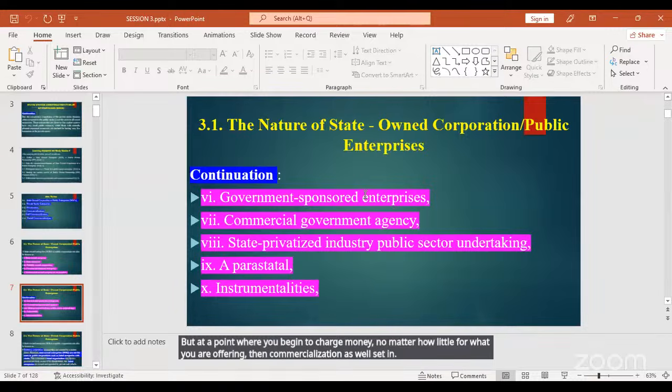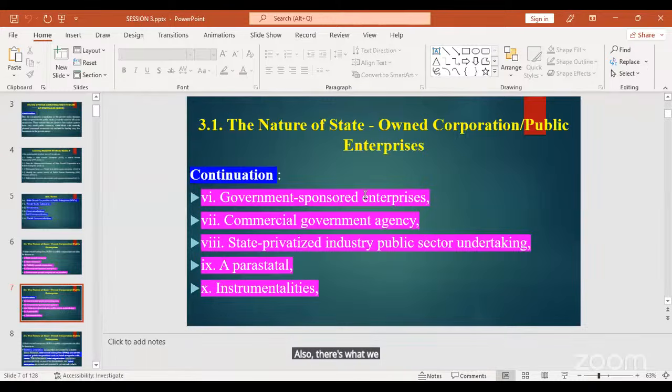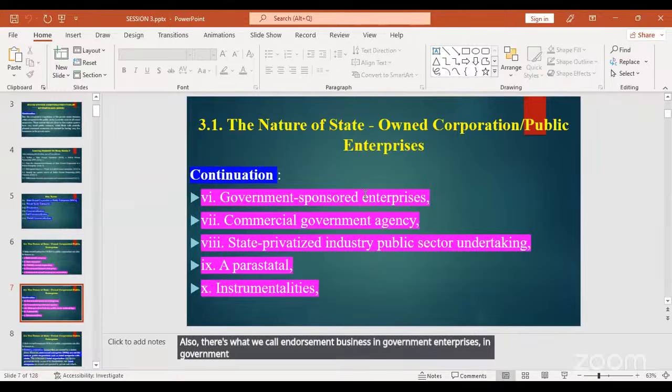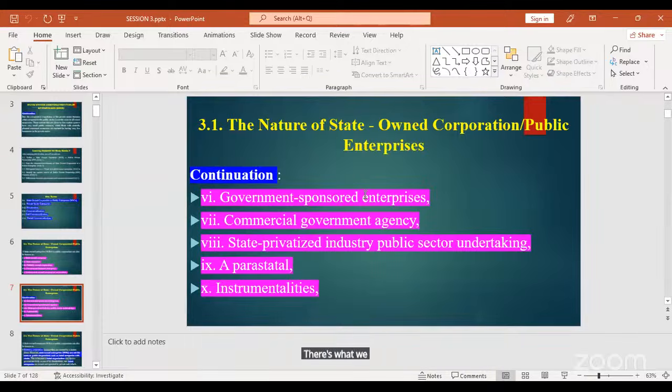And so in government business, in government enterprises, in government operations now, there's what we call MDAs. I say for the third time, MDAs. What are MDAs? Ministries, departments, and agencies. Sometimes they say subsidiaries.